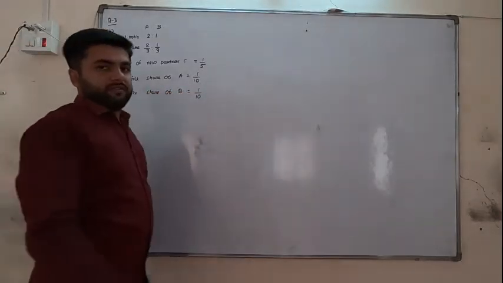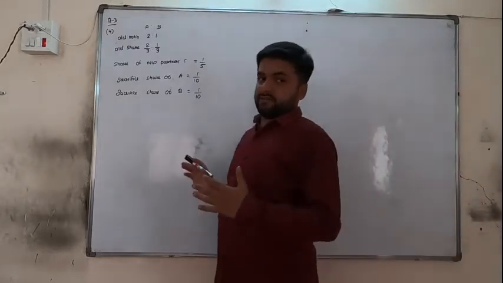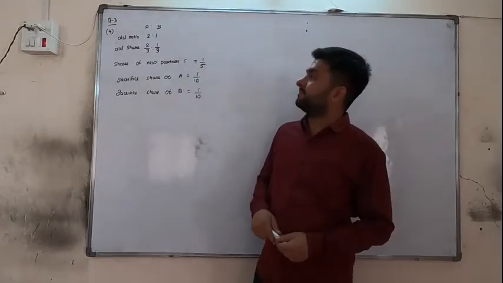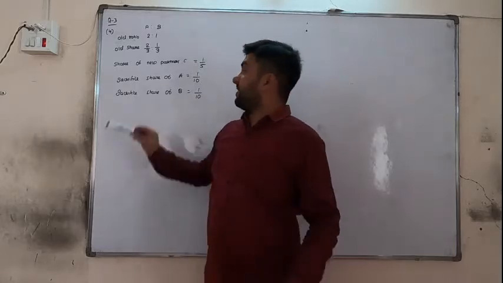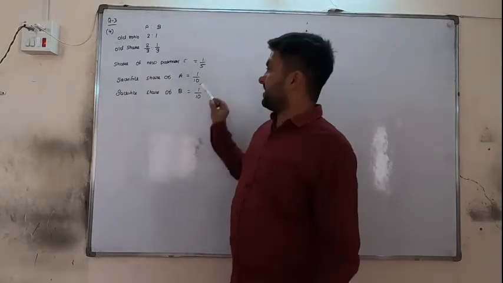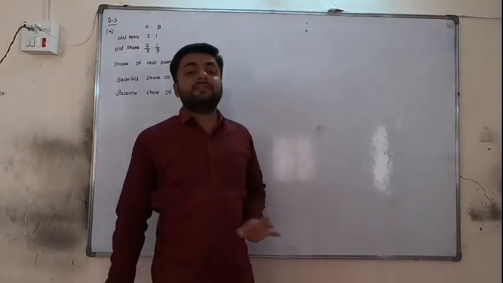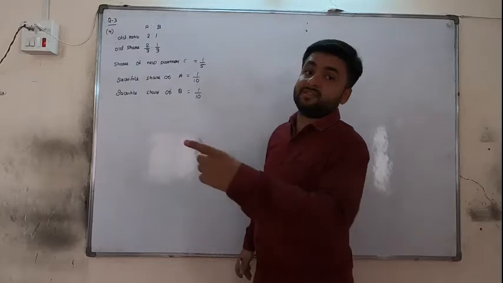Now one more thing. First let's check whether all the things mentioned are given or not. Old ratio is given, it's there. Share of new partner is also there, and sacrifice shares of both partners are there. And one more thing I said in the previous sum: if you make the total of sacrifice, you can get the share of the new partner.